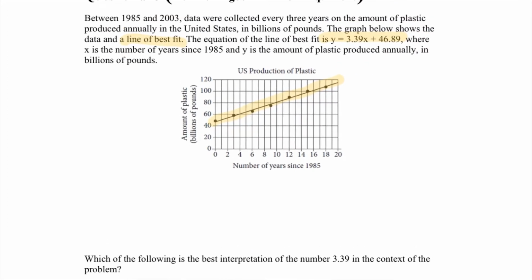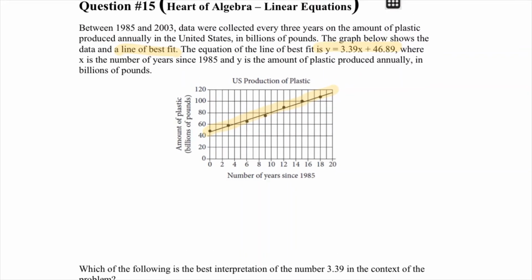What is 3.39? For this question, you don't need the graph information anymore. You are just trying to figure out one of the numbers in the line of best fit equation, which is 3.39. So if I write down this equation, y equals 3.39x plus 46.89. Do you remember the y equals mx plus b form?